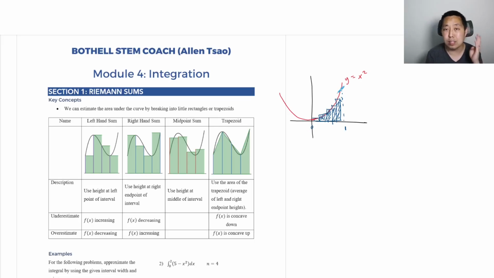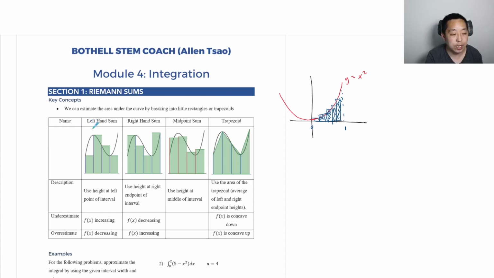Now, there are 4 kinds of sums, and they're always the same process. If we're trying to find the area under an interval, we're going to split it up into different regions by interval widths, and we're going to draw a shape. For the most part, it's either a rectangle or a trapezoid. How do we decide where the rectangle is?